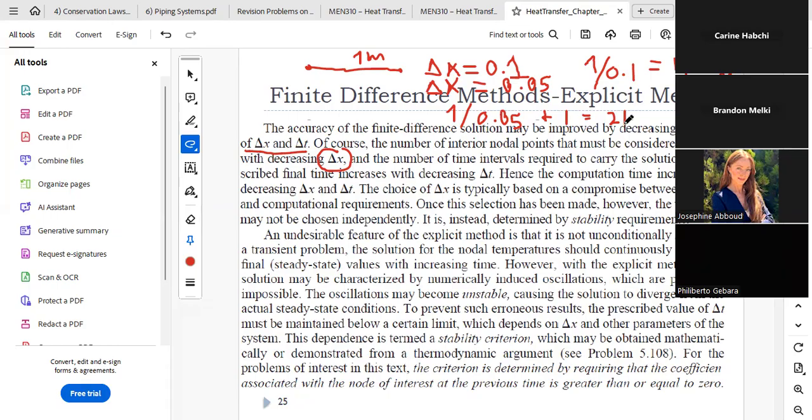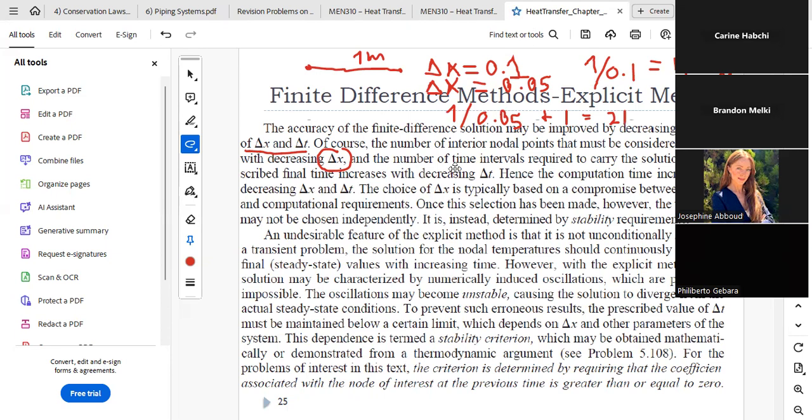So it's good to decrease delta x, but if we decrease it a lot, then the time of solution will also increase. So we need to take a value of delta x that will give an accurate result, but that is not, as much as possible, very small, because if it's very small, the time of computation will be large, and we can need days sometimes for simulations.